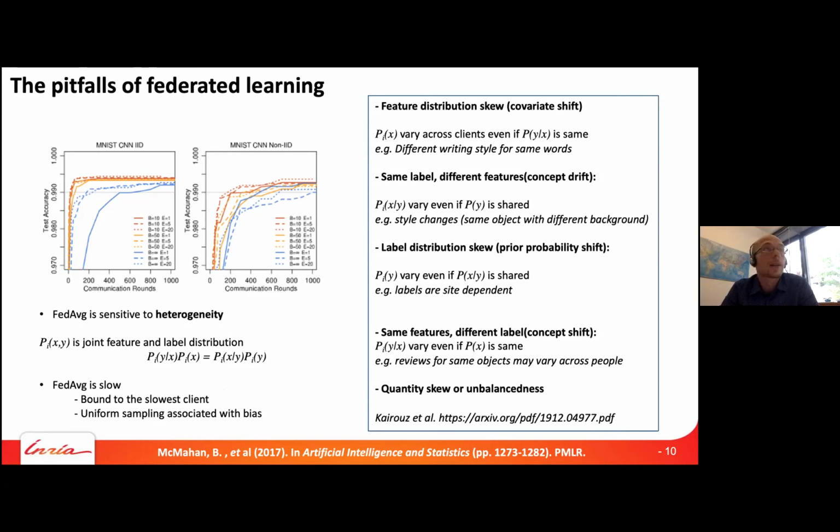And also, as a technical issue, in federated averaging as I mentioned, we are always bound to the slowest client. We always have to wait for someone. If some centers are very slow in sending back their updates, we are just stuck.